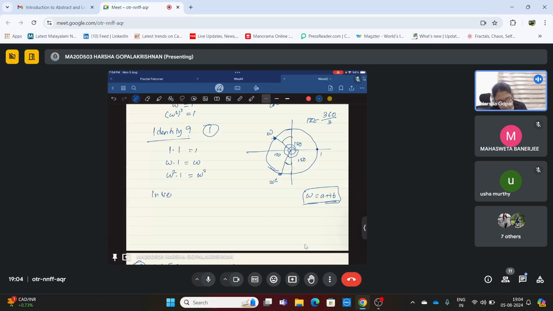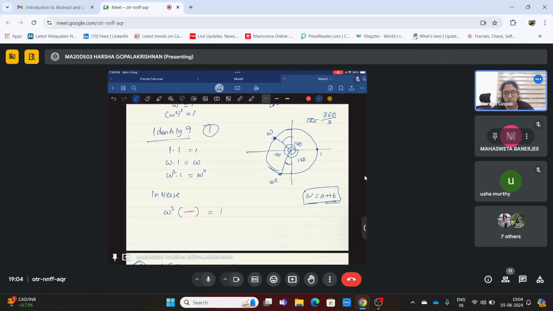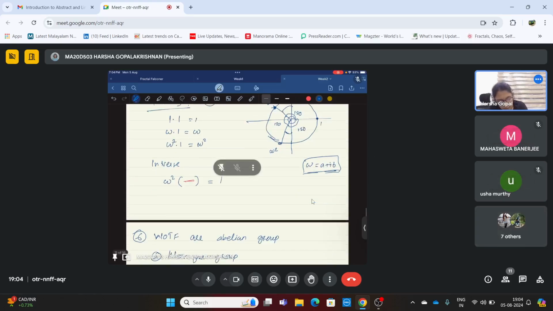Now we can see what the inverse is. We need to find the inverse of omega square. Suppose this is our inverse element. Then omega square times that inverse element should be equal to 1. Someone already said it is omega. I will explain what they said: omega square times omega equals 1. What does this mean?